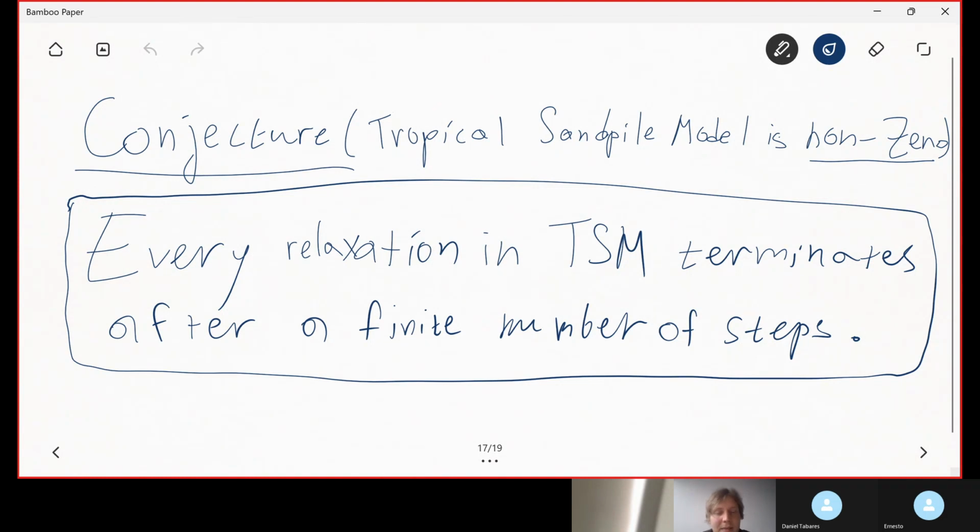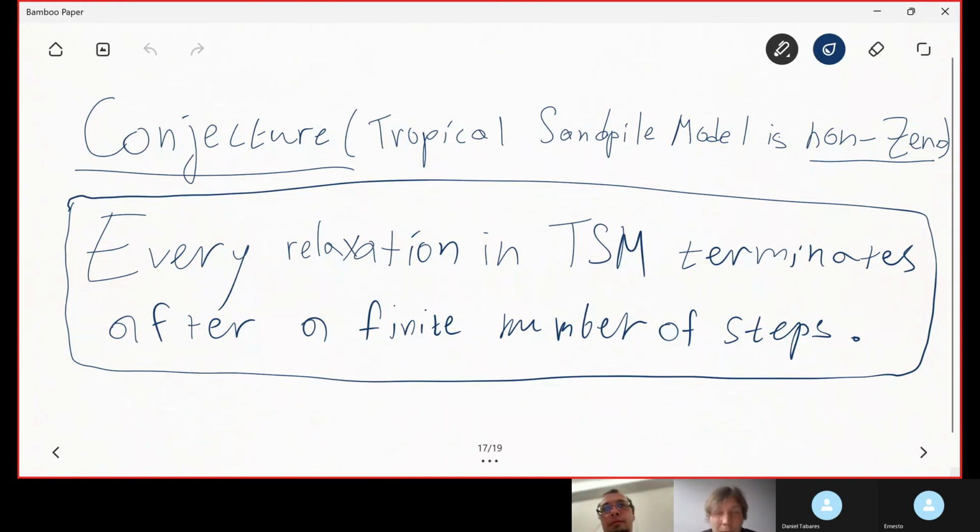Does it make sense? Yeah, but what I'm confused about is what are the hypotheses, because this would sound as a general statement even for more general sandpiles. I'm confused about the hypotheses here that make this not obvious. It's not obvious at all. Okay.